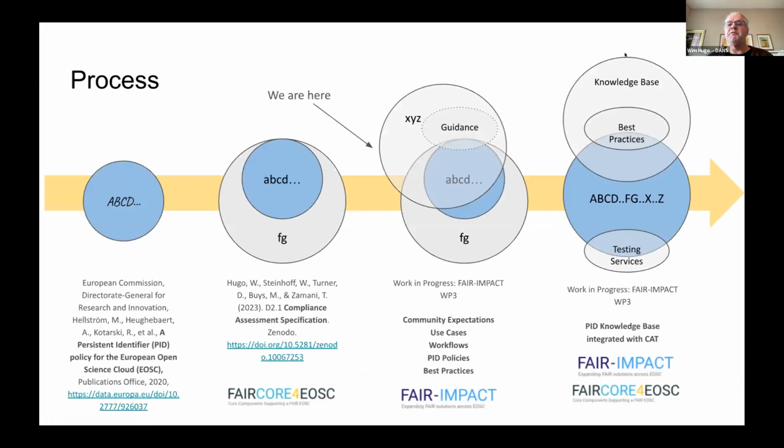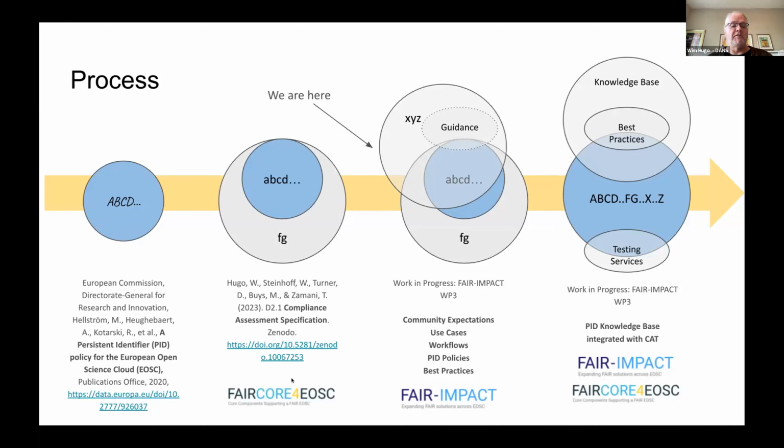So the first thing to consider is the process and where we are in that process currently. On the left-hand side of the screen, you can see the EOSC PID policy, which was published in 2020 and that Natasha has reviewed for us.